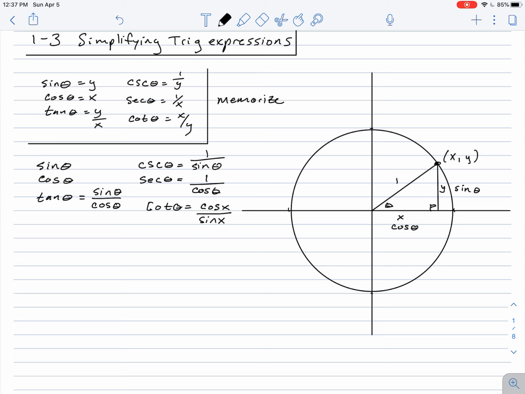Okay. What I want is, in your brain, I want you to be able to identify these things in multiple ways. For example, when I think of tangent, I can say tangent is opposite over adjacent if I'm looking at a triangle. If I'm looking at the unit circle, I think tangent is y over x. And now, if I'm going to solve an equation, I think tangent is sine over cosine.